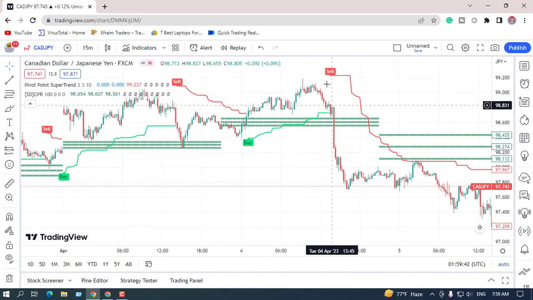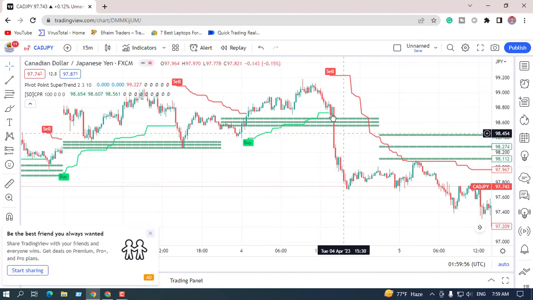When the Pivot Point Super Trend indicator signals sell, you cannot trade here. When the market breaks the support level, okay, then you can trade the sell here.